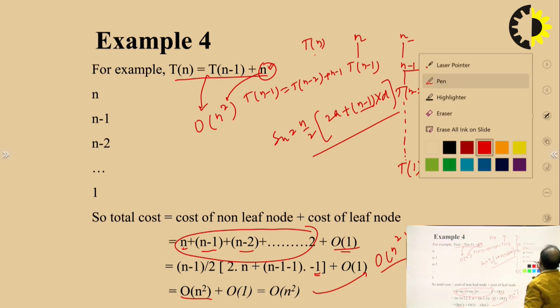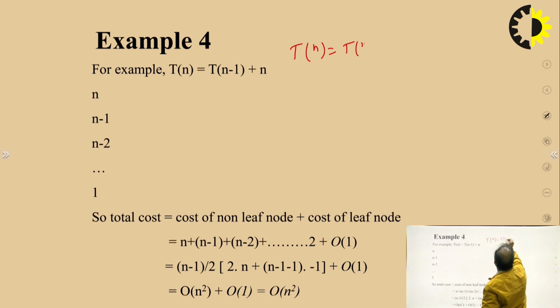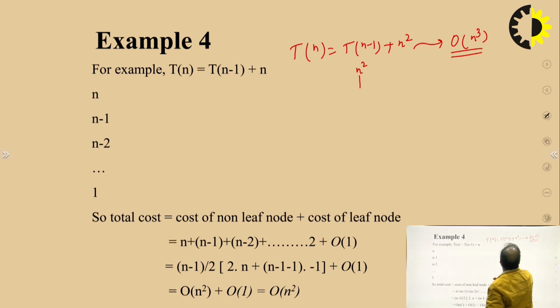Similarly, if you have another question, Tn is Tn minus 1 plus n square, we are expecting its answer to be big O of n cube. Definitely its answer will be big O of n cube. So how do we solve it? If you see here, n square is sitting here, then n minus 1 square will be sitting here.